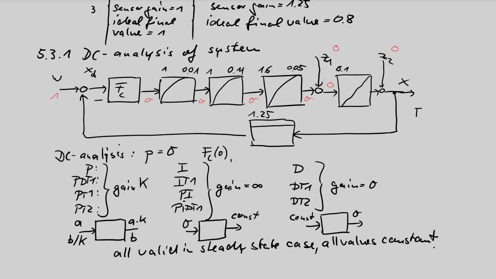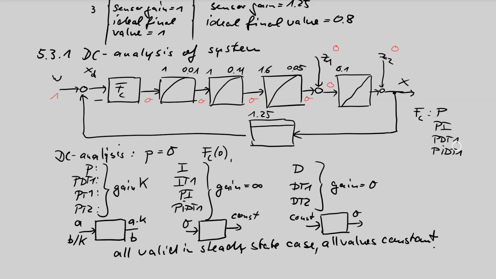Note that FC could be a P controller, a PI controller, a PDT1 controller, or a PIDT1 controller. Those are the 4 classical types of controller. All other block types have no meaning and are not common for a controller.